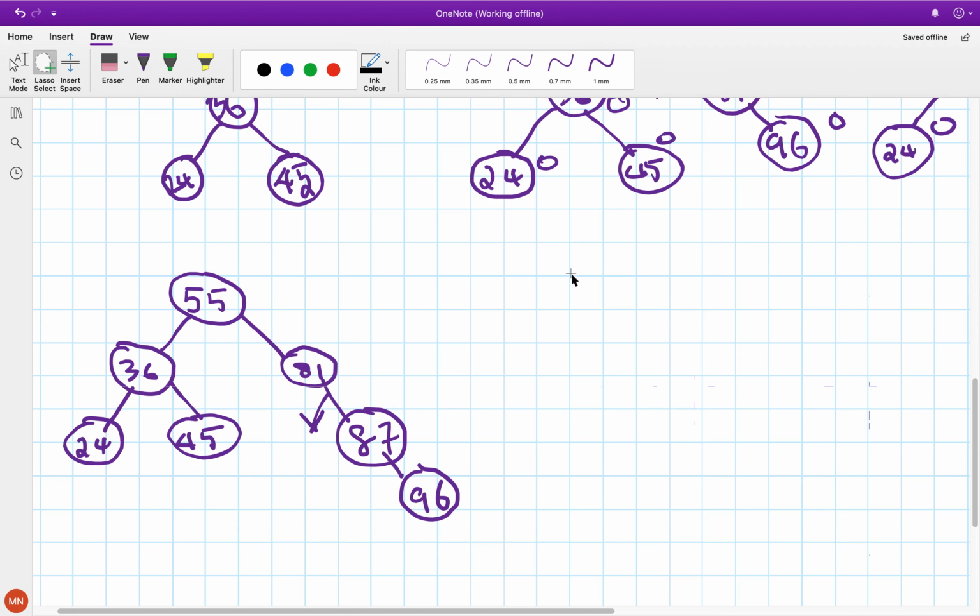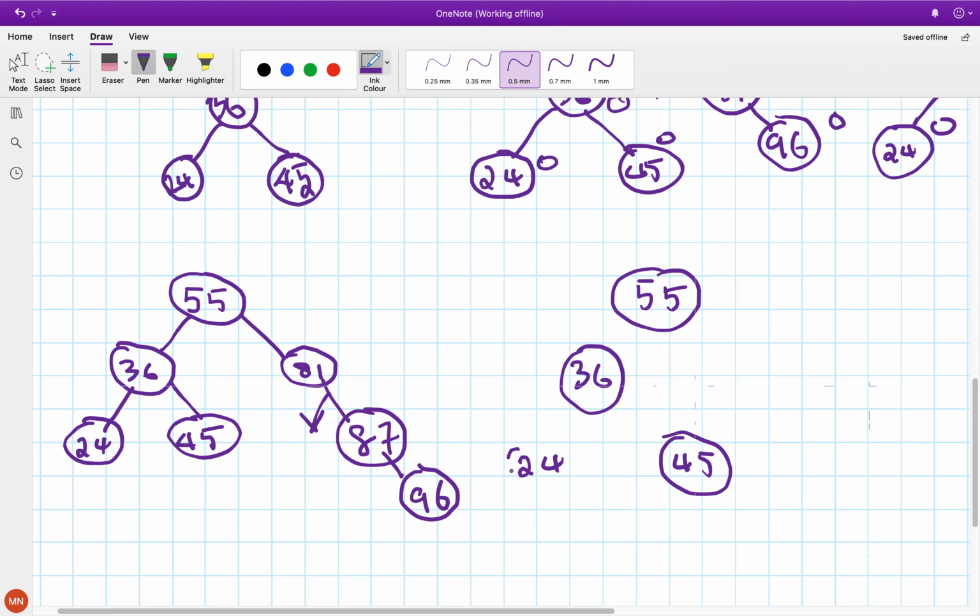So I have 55 here, then I have 36, then I have 24, then 45. These nodes will not have any change.